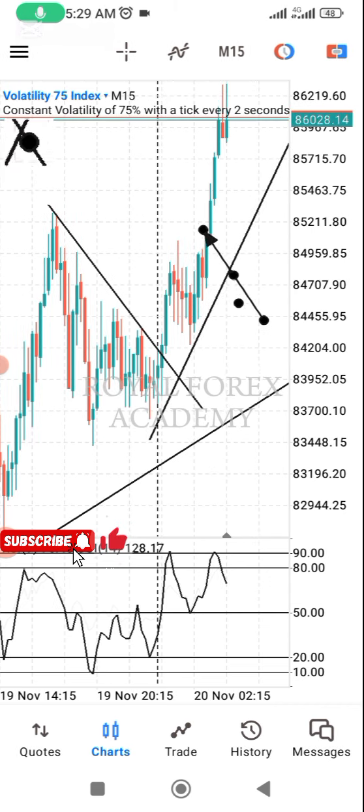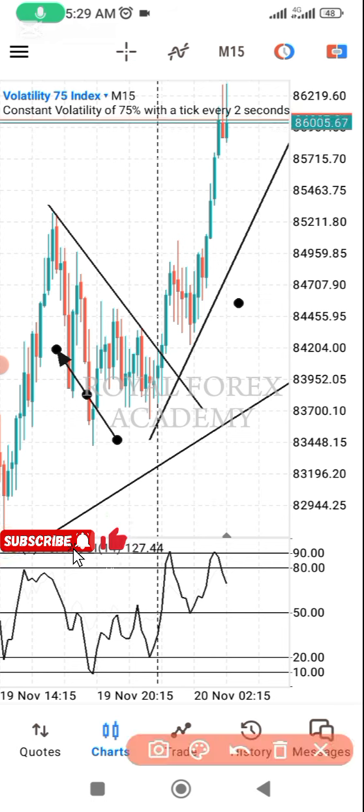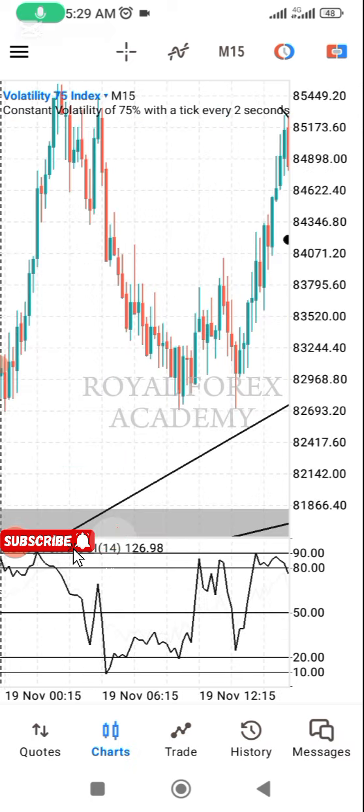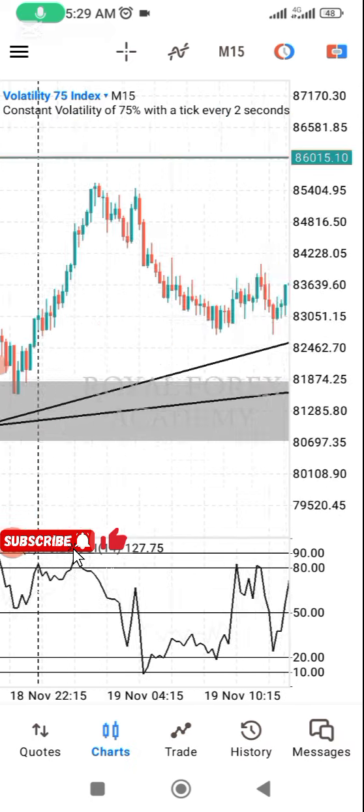So this is how I'll be doing my scalping. I connect my trend line. So once price returns to this trend line and breaks out of it, I know that it will retrace to this trend line before it will continue again to the upside. So this is how I will be trading this.